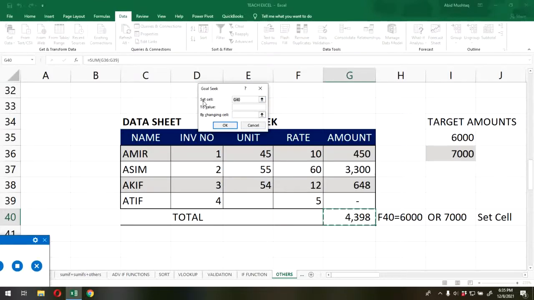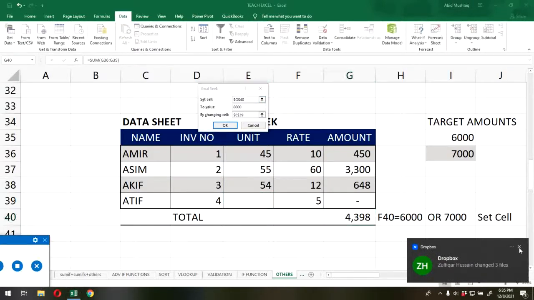Set cell is where we want to get the actual amount like 6,000 or 7,000, and now it's asking for some amount. We have to type here like 6,000 we need here, and changing cell where we want to change the unit price is here.